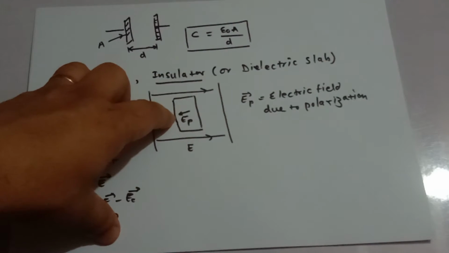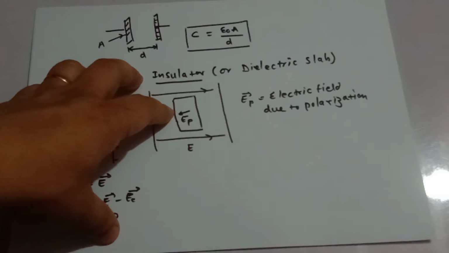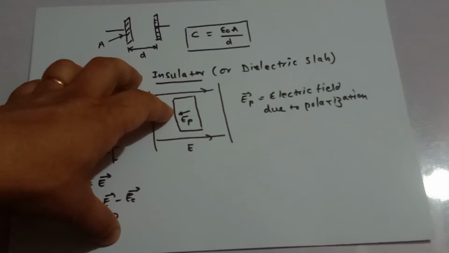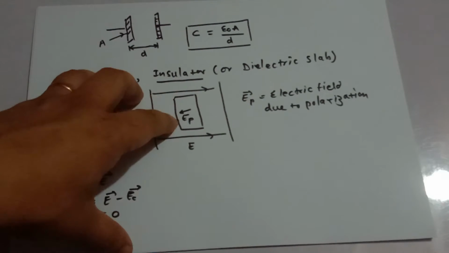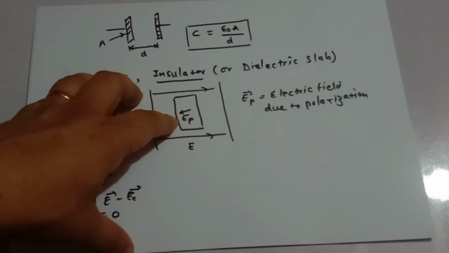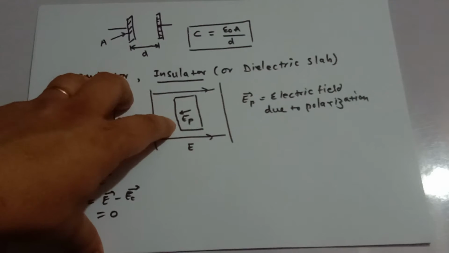But in the case of an insulator or a dielectric, the electrons are not freely available. It means that the atoms or the molecules inside a dielectric can slightly change their direction, but they are not able to completely cancel out the external electric field.